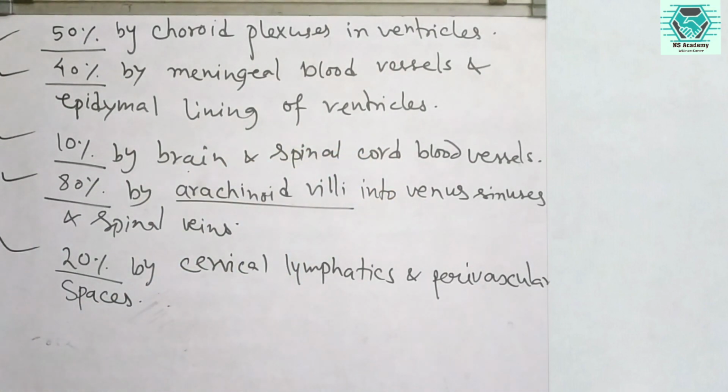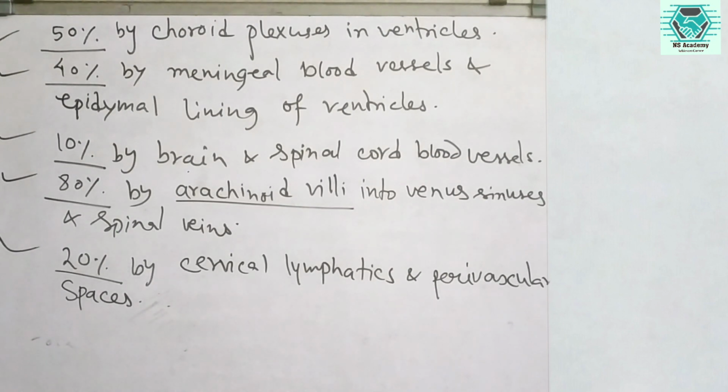So you should have a detailed idea of the structure of the brain and the ventricles, so that the secretion and the circulation of the CSF can be easily understood. So this is about the process of secretion and the sites where the CSF is secreted.